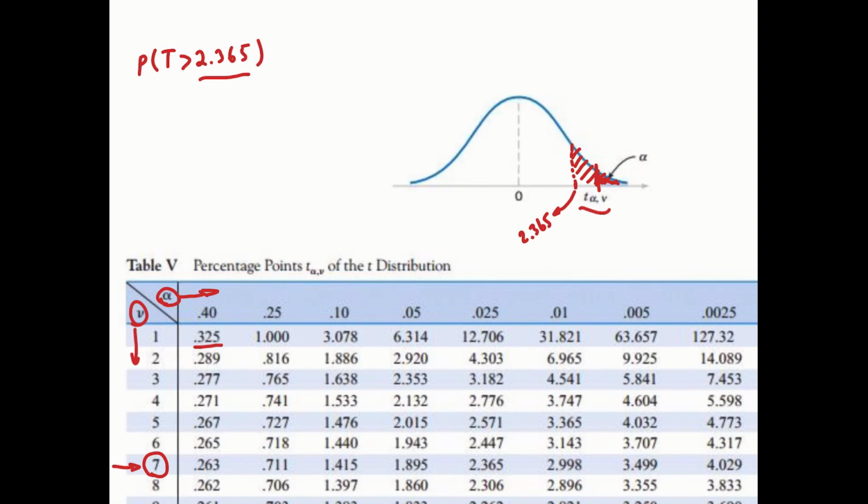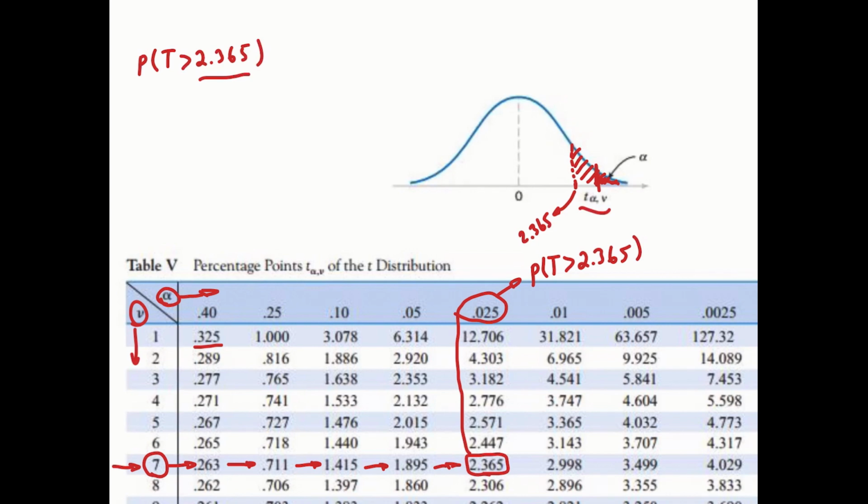So if you look at this row and move to the right, at one point you get to 2.365. And the probability associated with that here at the top, this is the probability that you're looking for. t greater than 2.365.